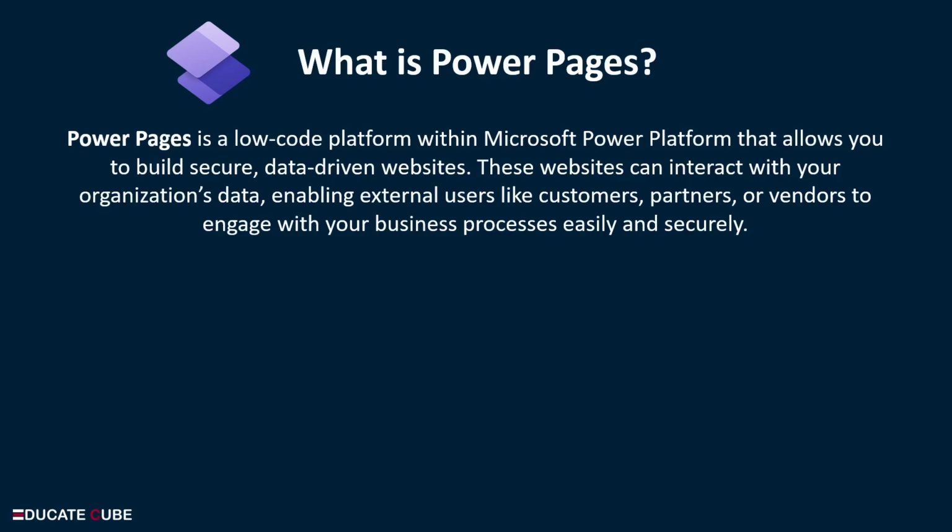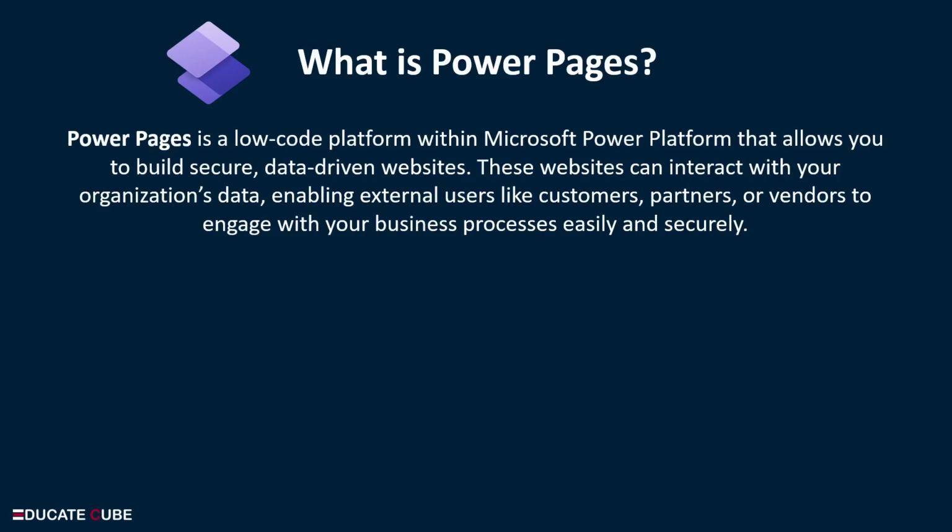Let's continue exploring Power Pages using the retail inventory management scenario. Suppose the retail manager needs a solution where external vendors can check stock levels, update shipment details, and track orders related to inventory.